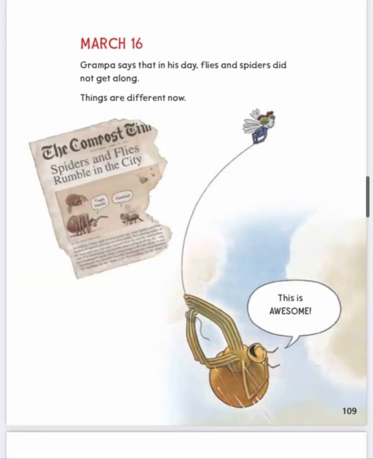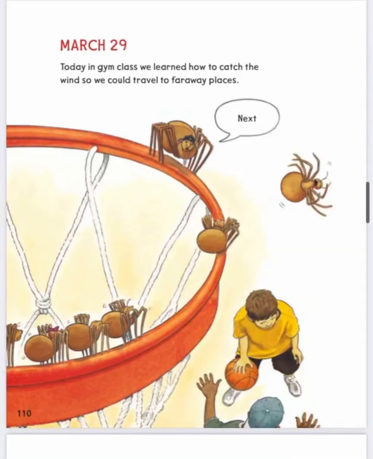March 16. Grandpa says that in his day, flies and spiders did not get along. Things are different now. This is awesome! March 29th. Today in gym class, we learned how to catch the wind so we could travel to faraway places.